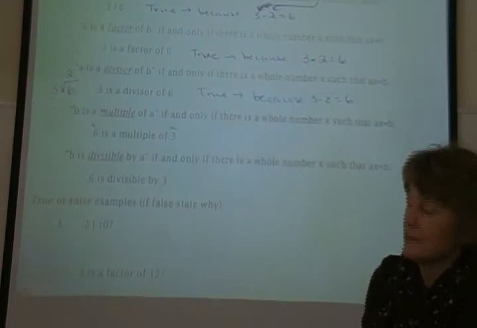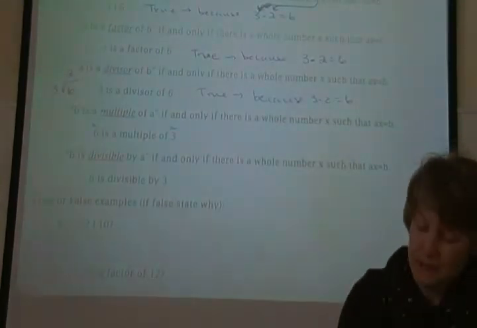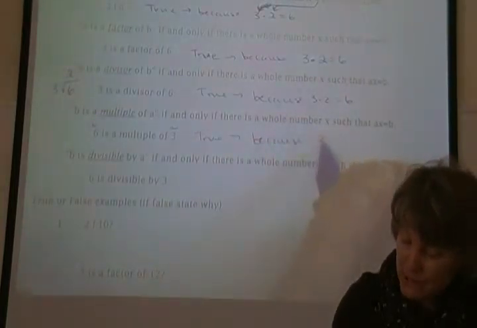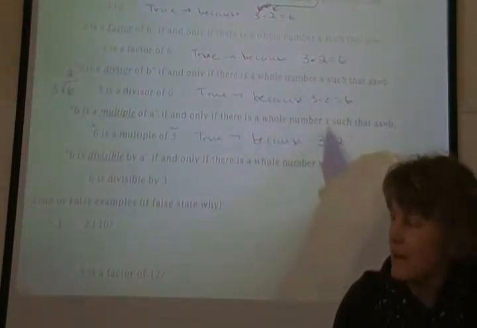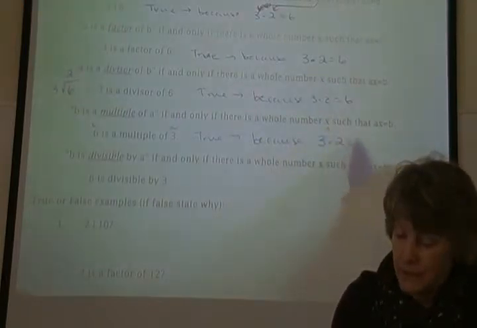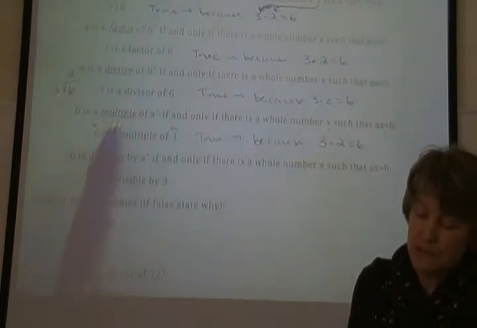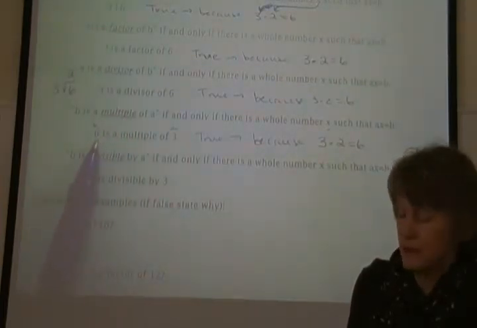This is your B, and this is your A. And it's a true statement because, same reason, A, which is 3, times 2, which is the next value that I can think of, equals B. So if you're going to use the word multiple, you've got to start with the larger number.